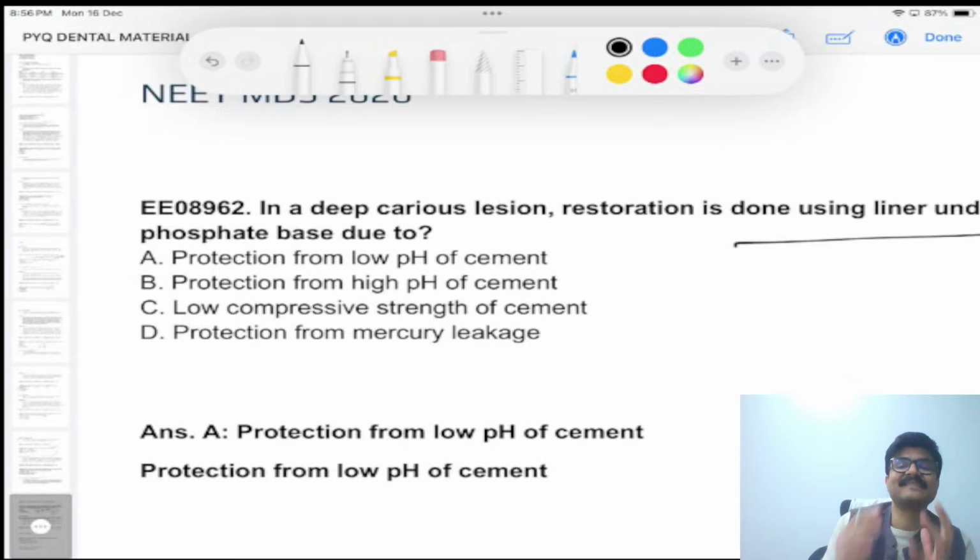Why? Because of the acidity of zinc phosphate, it can diffuse right across the dentinal tubules and cause irreversible inflammation in the pulp. But this is when the RDT is less, right? And Phillips says again 0.5 mm or less. That's straight from Phillips, right, guys?